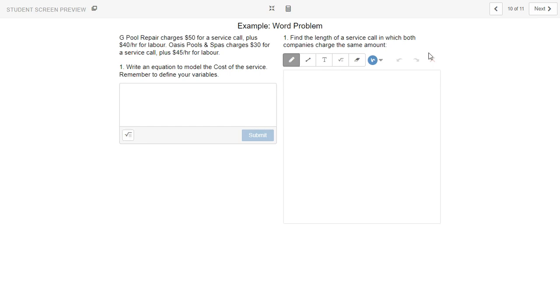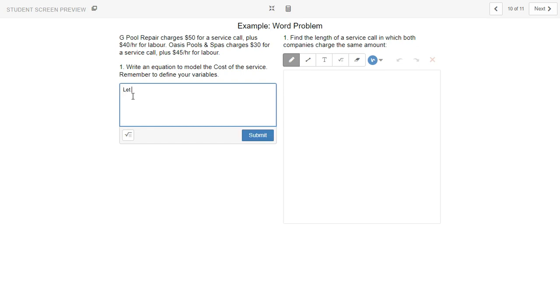Now let's do a word problem. We have G Pool Repair charges $50 for a service call plus $40 per hour for labor. Oasis Pool and Spas charges $30 for a service call plus $45 per hour for labor. Write an equation to model the cost of the service and remember to define your variables.